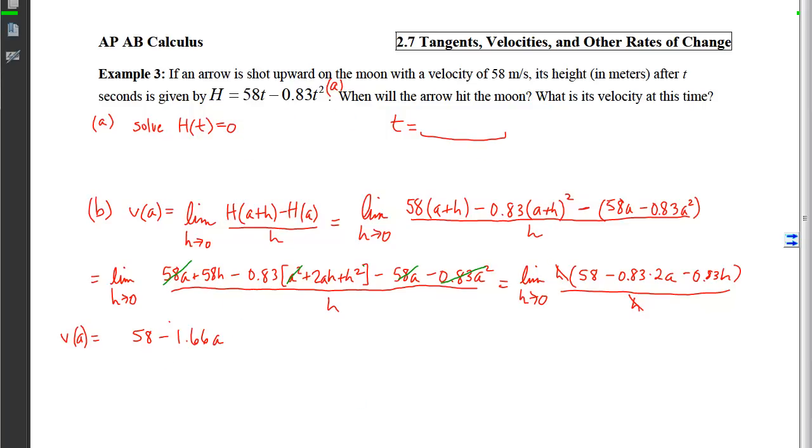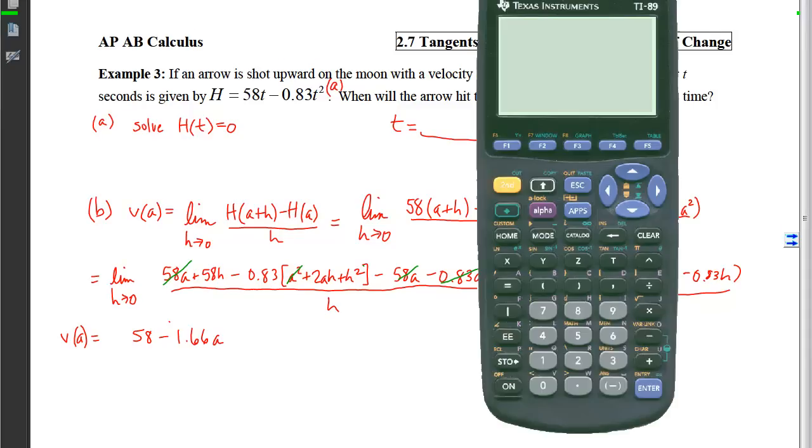So to find the time when the arrow hits the moon, I'm going to access my calculator. I'm going to turn it on and hit solve. I'm going to solve for when this h, which is 58t minus 0.83t squared, equals 0, and I'm going to solve with respect to t. And then I only want to look for after the arrow has been shot upwards.